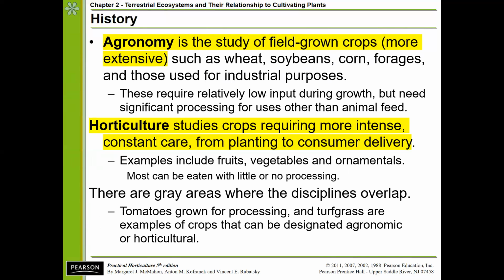Of course, there are gray areas where the disciplines overlap, but in general, know the difference between agronomy and horticulture, both being subsets of agriculture. Generally, though, I will refer to agriculture more in terms of agronomy, and horticulture as a more specialized subset of agriculture.